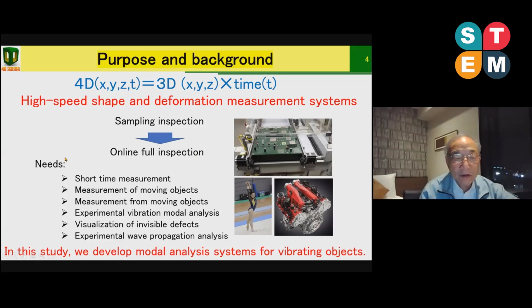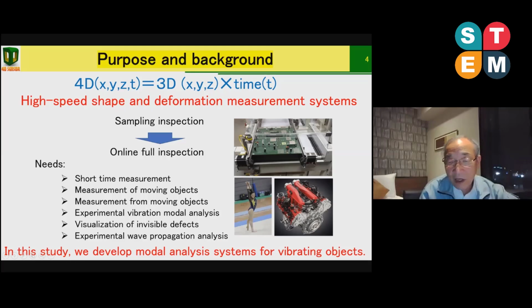By using this method, we can provide short-time measurement of moving objects, measurement from moving objects, experimental vibration modal analysis, visualization of invisible defects, and experimental wave propagation analysis.